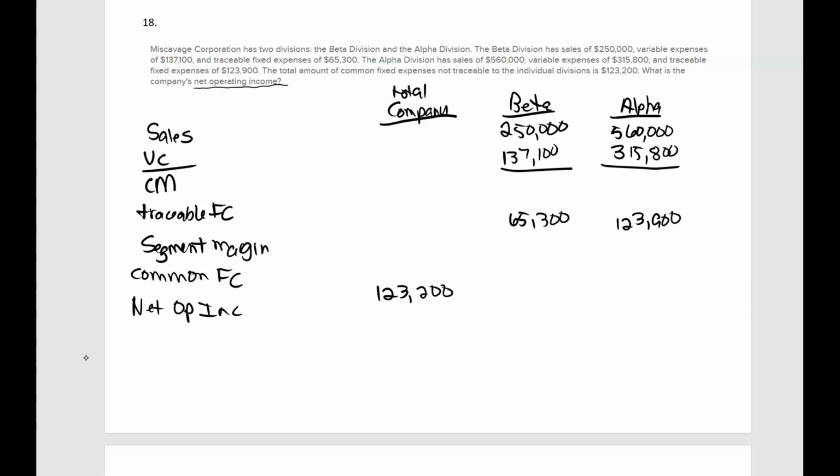Okay, now to start filling this out, we can add Alpha and Beta together to get the total company. That's 810. Same thing with the variable cost. Add the two together to get the company one. And then we have a contribution margin of 357.1. Subtract these two also.